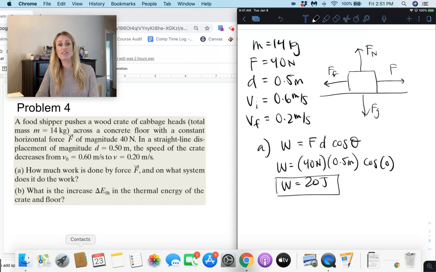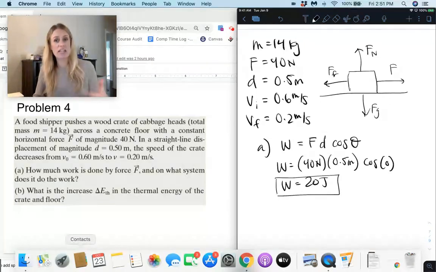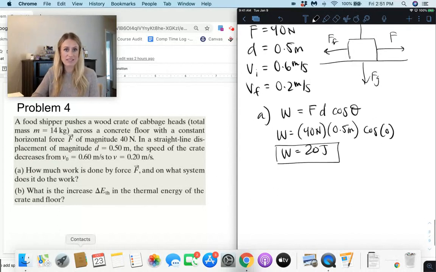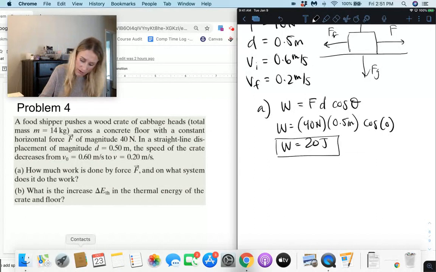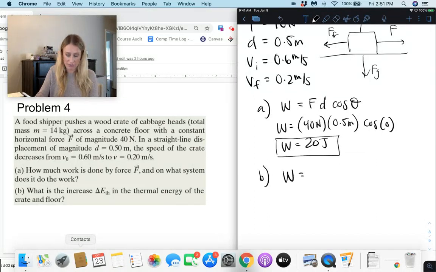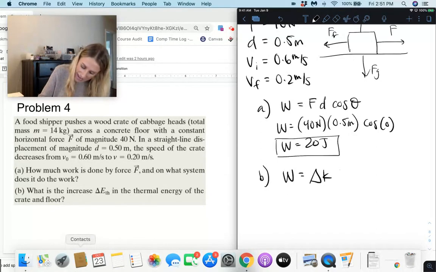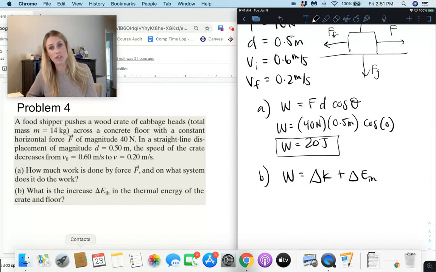So we can include that non-conservative force with the other equation that we learned. The work done by that applied force will equal the change in kinetic energy, in this case just kinetic energy because we're not being elevated, plus the change in thermal energy as well.